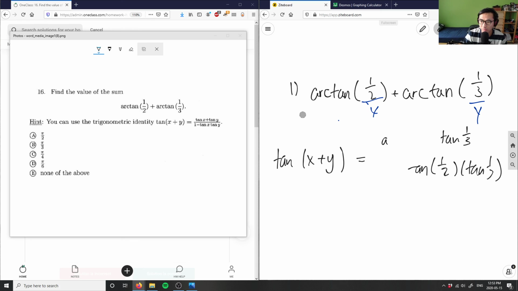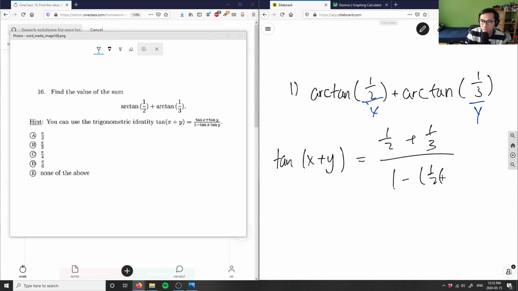I think I was on the right track before in saying that these guys are equal to half. So again, I have half here plus 1/3 divided by 1 minus half times 1 over 3. And I believe this here gives me 1 here.